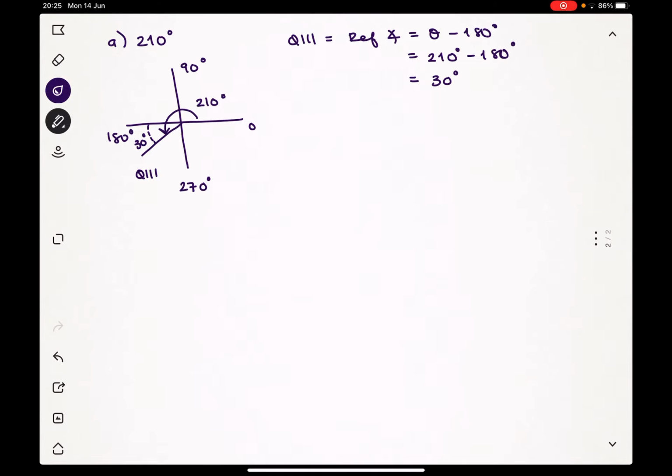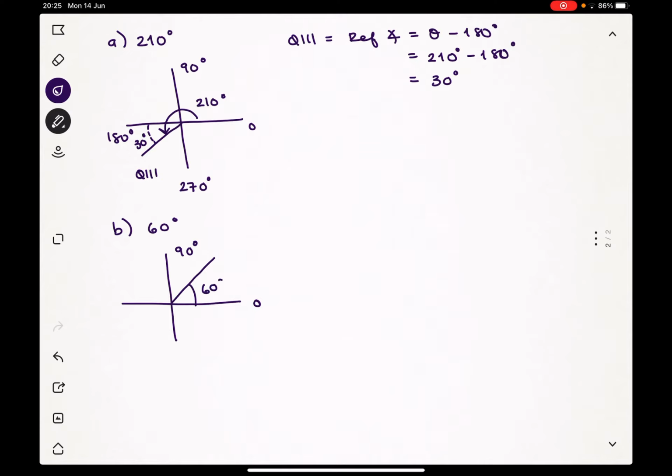Let's do another one. So for the other one, I have 60 degrees. So 60 degrees, without doing so many things, I have 0 and 90. 60 is around here.